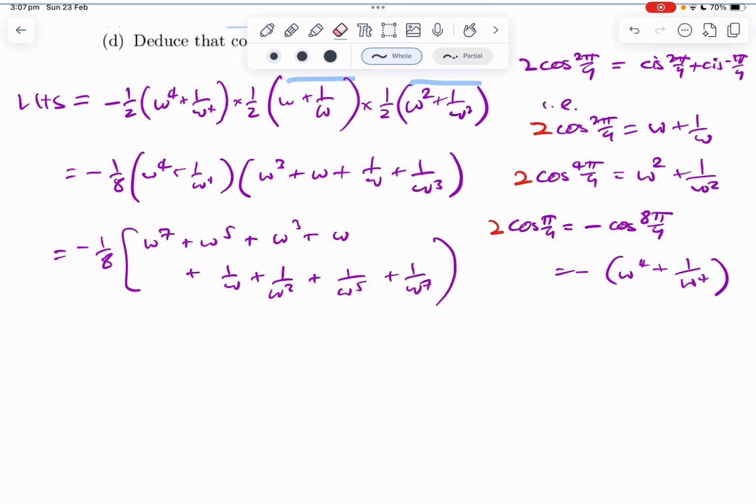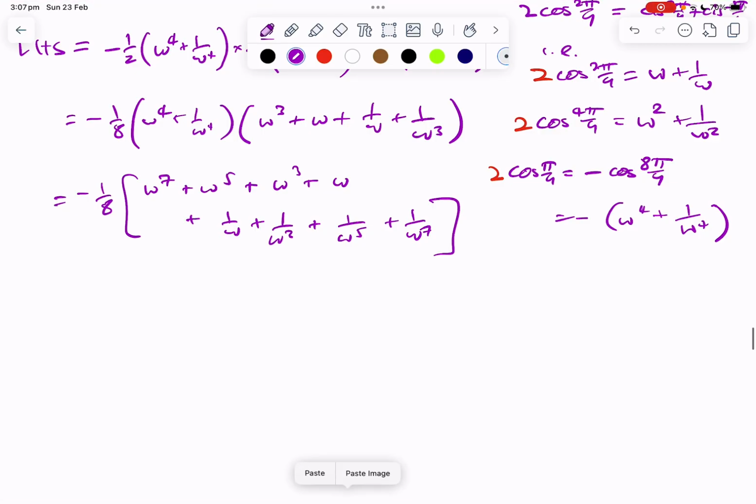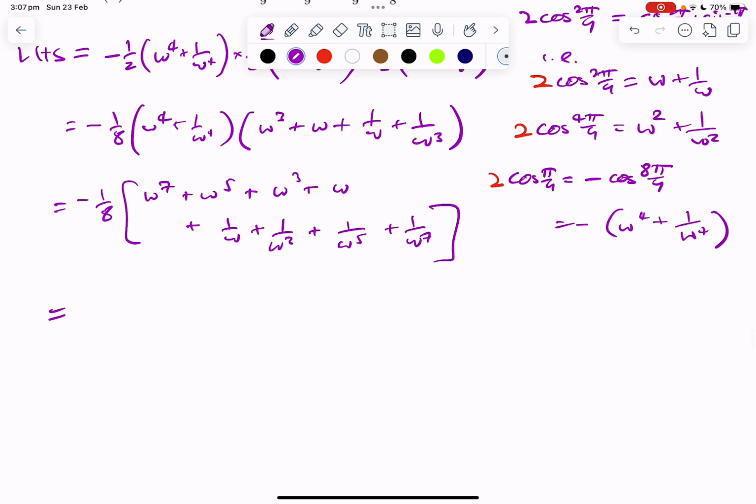And now the thing that we need to not panic with here is these are not looking like they're easily going to sum. It's sort of like you've gone back to the cis's, and the cis of 9 pi on 9 is the cis of 2 pi, which is 1.